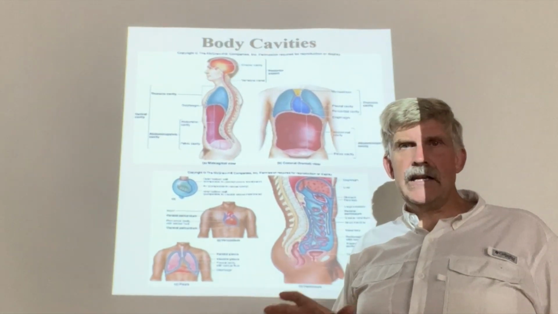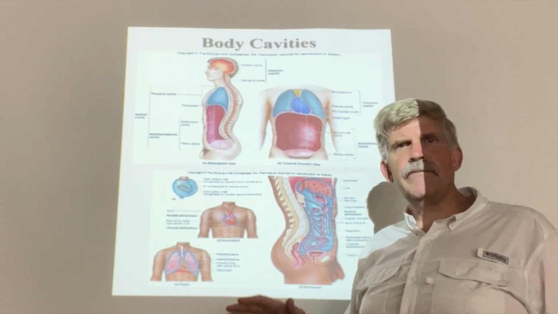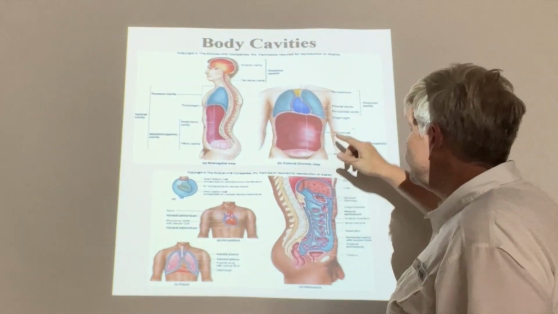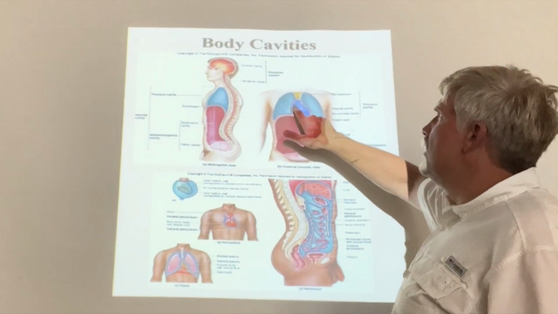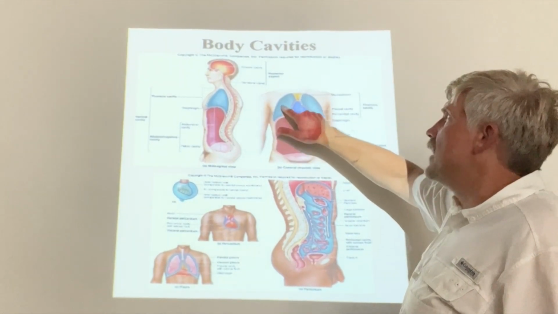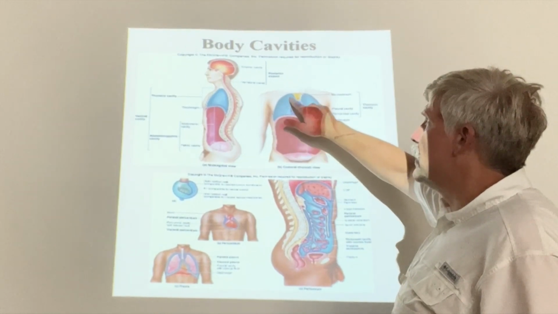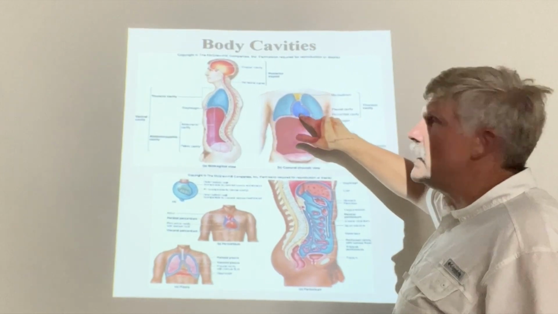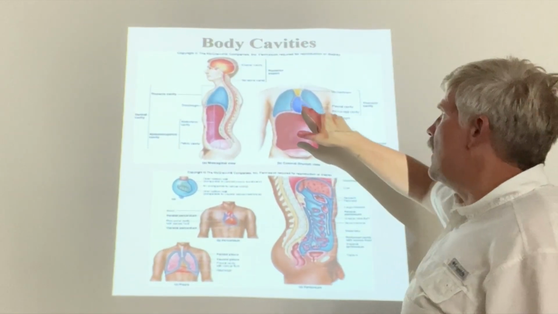What I really need you to understand is sort of a general demarcation between where the lungs are and where the heart is located. So we have a pleural cavity on the left, we have a pericardial cavity in the center, and we have a right pleural cavity, which means that we're going to have the right lung over here, the left lung over here, and then between, intermediate to the lungs, we are going to have the heart.